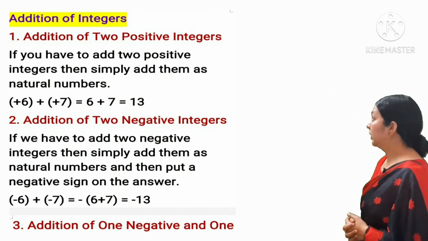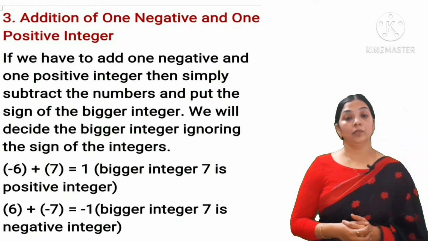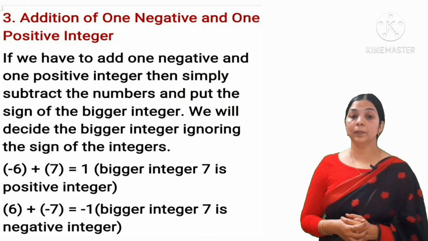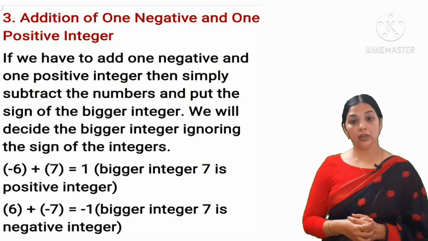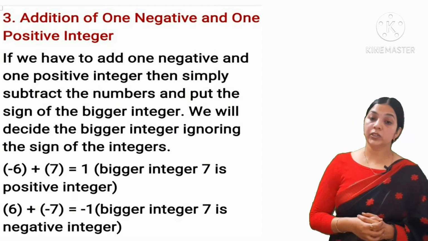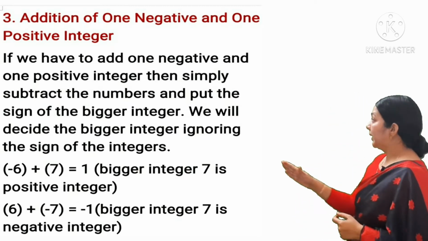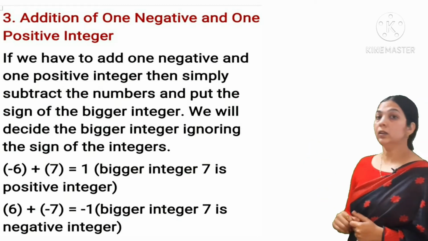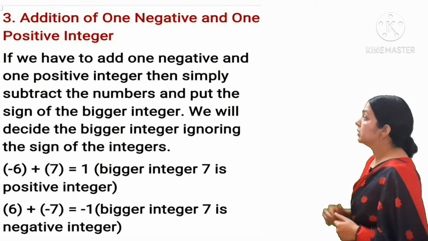Now addition of one negative and one positive integer. If we have to add one negative and one positive integer, then simply subtract the numbers and put the sign of the bigger integer. We decide the bigger integer ignoring the sign. Here you can see minus 6 plus 7. We can see that 7 is greater than 6, so we simply subtract 6 from 7.